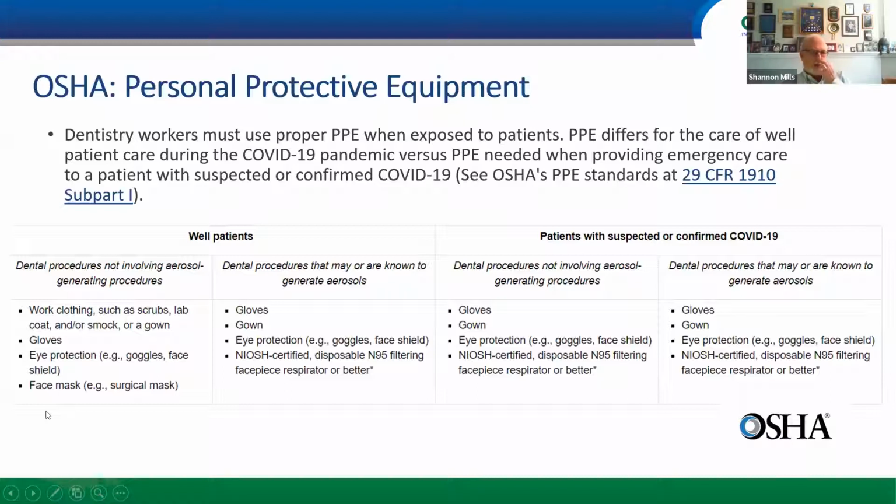That's for well patients. However, if you're generating any kind of aerosol, I think we've made this case pretty clear, you're going to need to use a NIOSH type, whether it's an N95, a KN95, or some other equivalent. And you need to wear more than just your loupes and Z87.1 safety glasses to get the adequate protection.